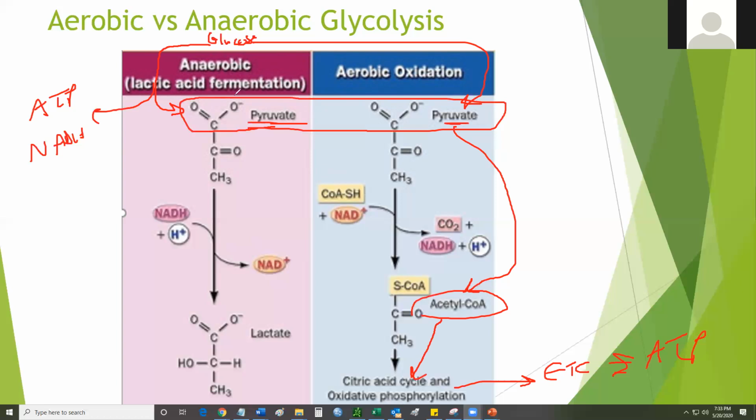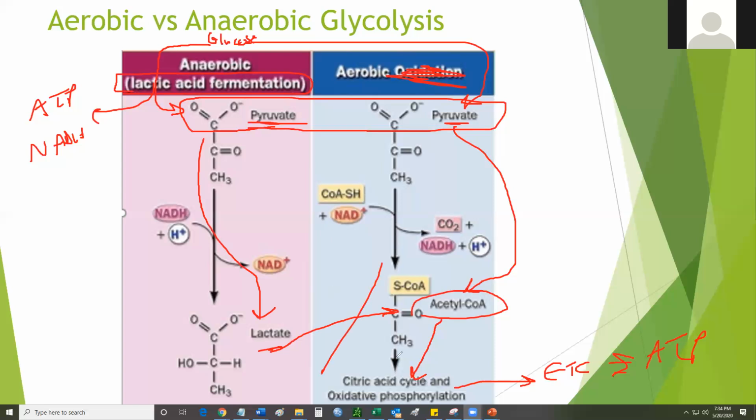If we don't have oxygen, so if oxygen is not present, our pyruvate enters what is known as the lactic acid cycle or lactic acid fermentation. Here, pyruvate gets converted into lactate or lactic acid. If you notice, there's no sending this to acetyl-CoA.